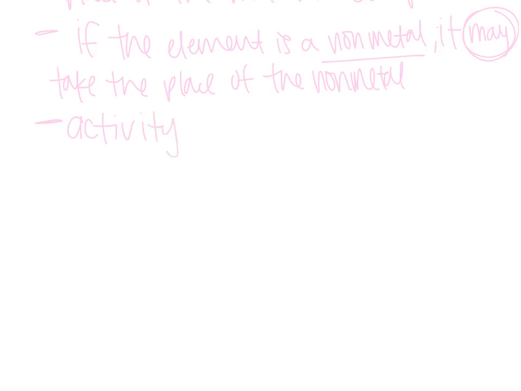And so if they have an increased activity, that means that they are going to form reactions or go through reactions more easily. And if they have a decreased activity rate, then reactions will go less frequently or slowly. So the activity is just the likelihood of reaction occurring.